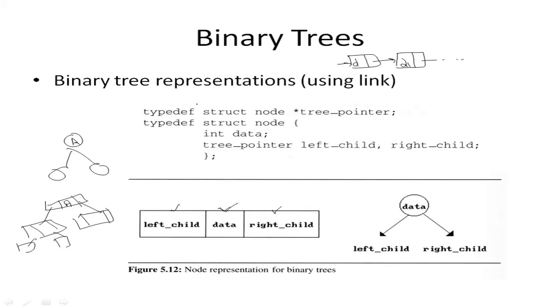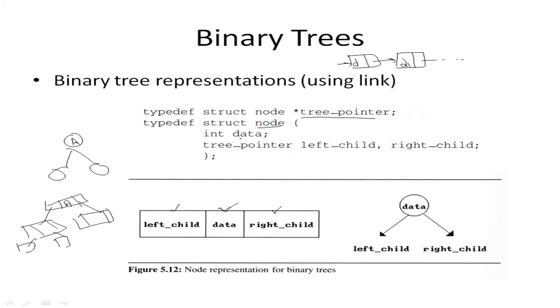Now when I represent this in the form of nodes, as you had declared your singly linked list, we'll have to create a structure. I say typedef struct node. I will create a pointer of that structure itself, that is a self-referencing pointer. Then I will declare that particular structure.